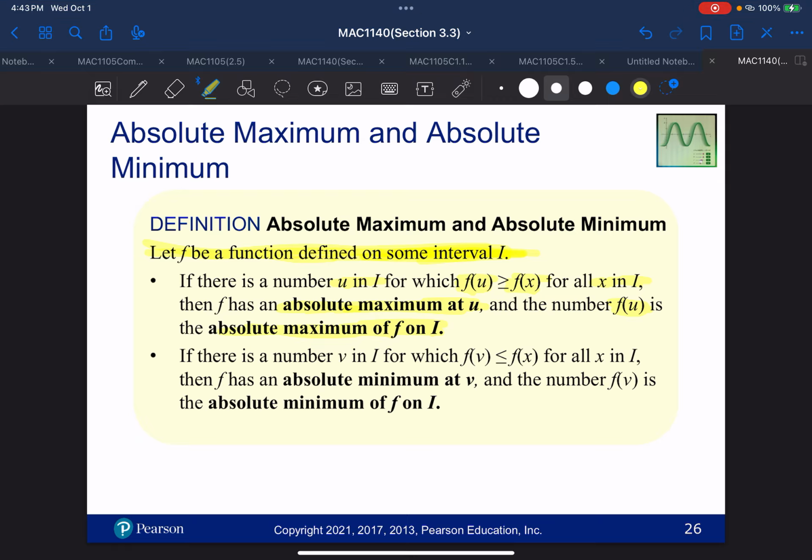So an absolute maximum is going to be the absolute largest value of our function. And then for the absolute minimum, if there is an x value in I, say v, then the output of v will be less than or equal to all the outputs for all the x in I. And this would be an absolute minimum.